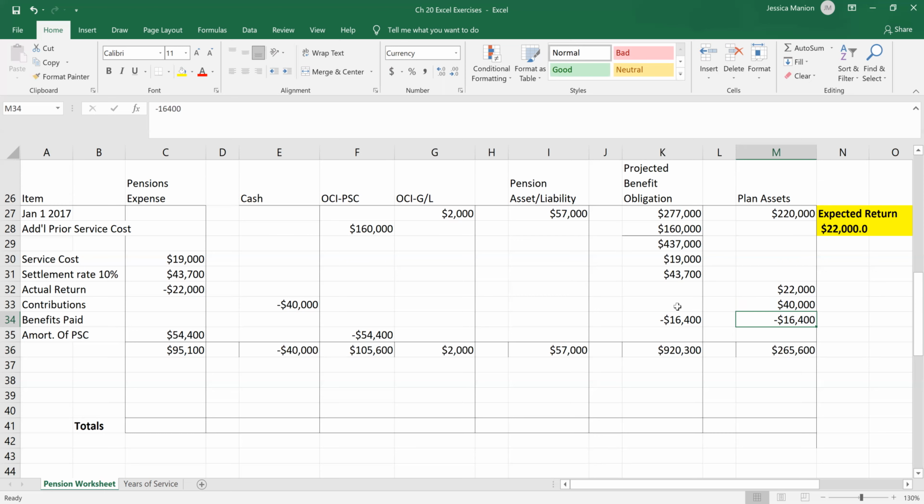Okay, so now we're looking at the 19,000, we've got the 43,700. I feel like this is, what is this calculating here? Oh, you know what? It's adding in the 437,000 twice, which is why this number looks so funky.